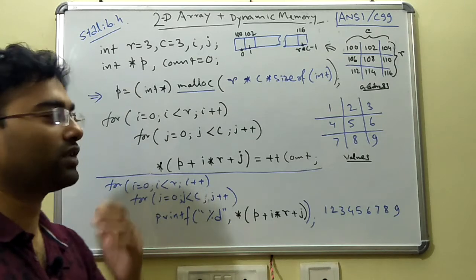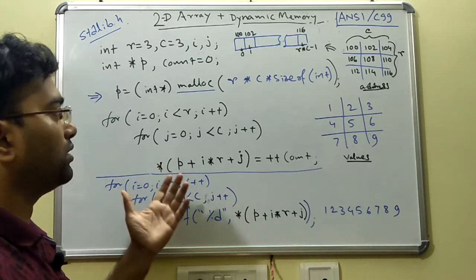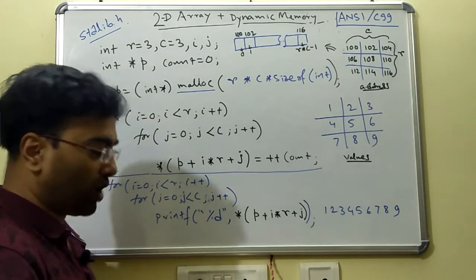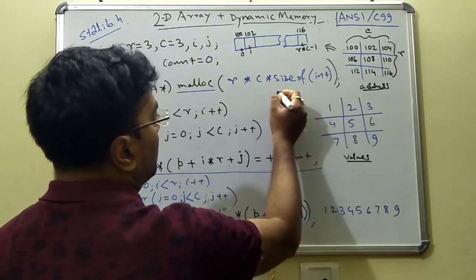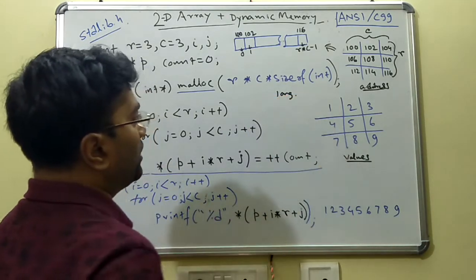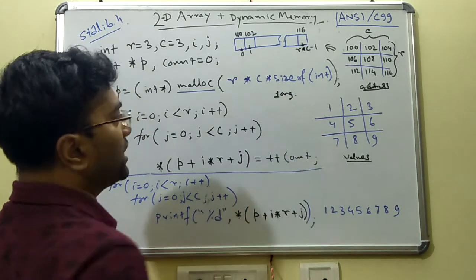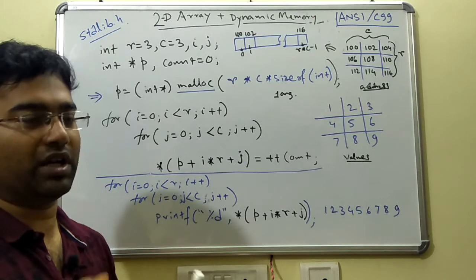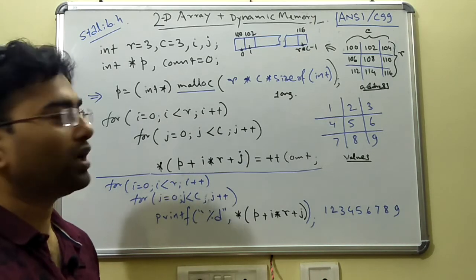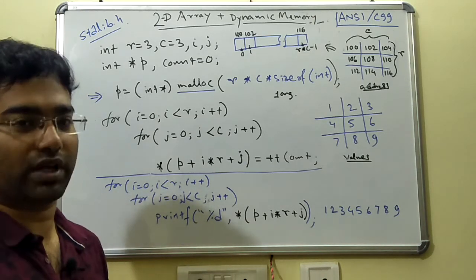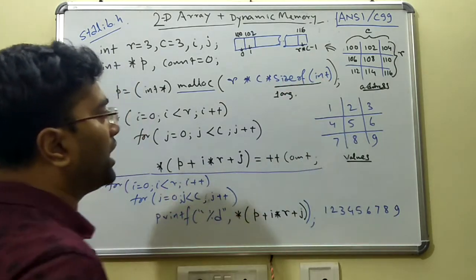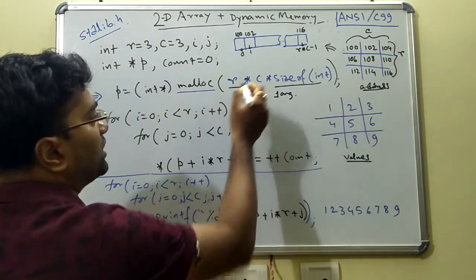If you remember my last video, you have seen that malloc always takes only one argument within its parameter, and that one argument is actually the size, that is the number of elements you want to allocate times the size of each element. That is given by the sizeof(int) operator, and r into c gives you the total chunk.